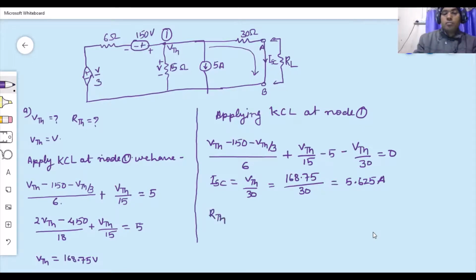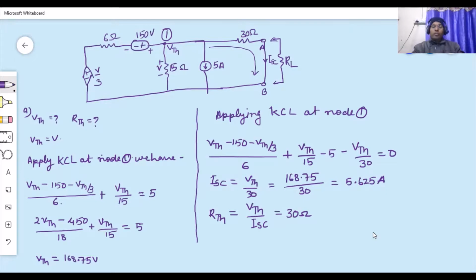And again, by Thevenin's theorem, when there is a controlled voltage source connected in the circuit, we can calculate RTH by determining first VTH and then ISC, and the ratio of VTH and ISC will be RTH.